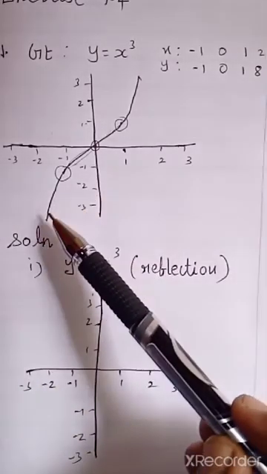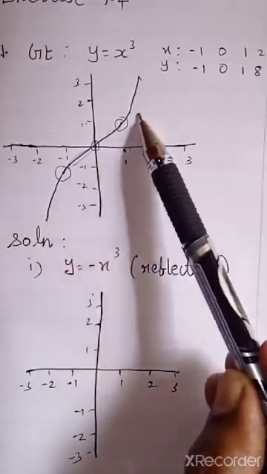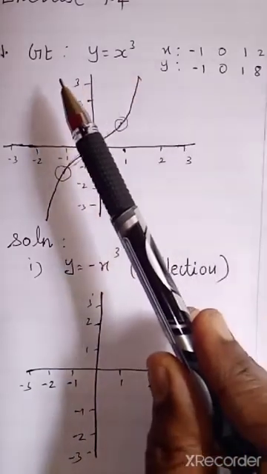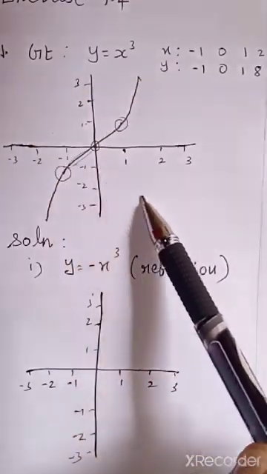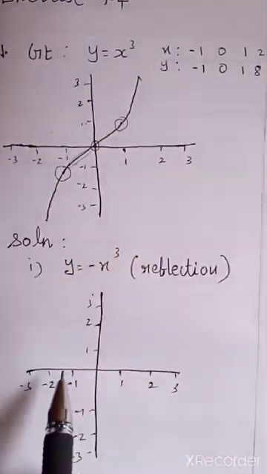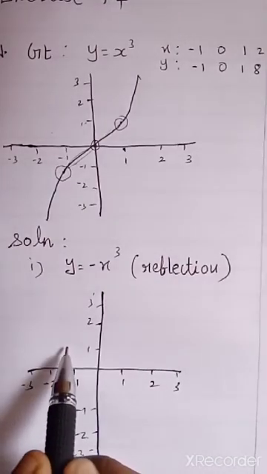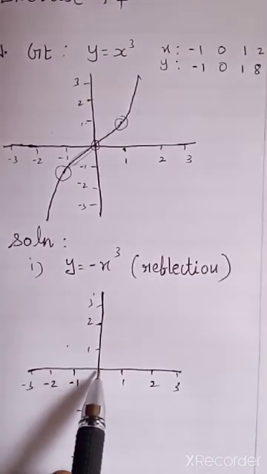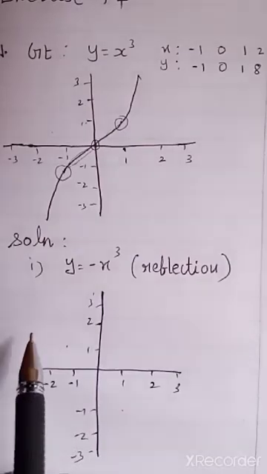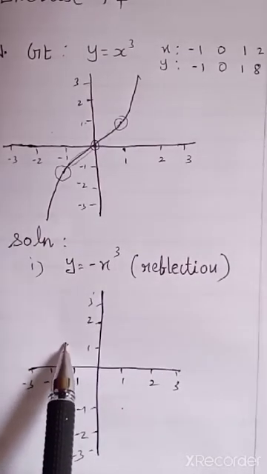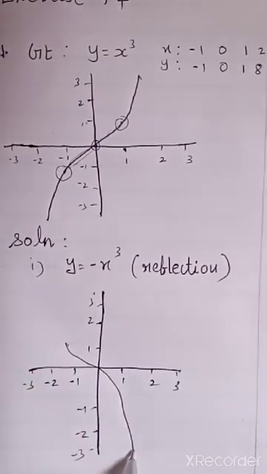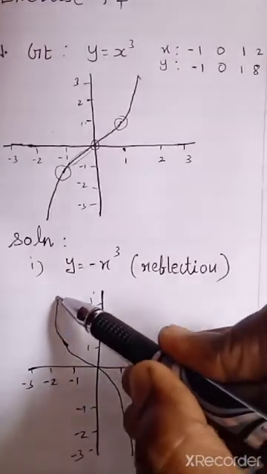Here your image y equal to x cube is like this. So, the mirror image, the graph will be in the opposite direction. So this will come like this. That's all. You will get 1 point here, 1 point here, 1 point here. So how can you write that one? You can draw it like this, and this is also like this.